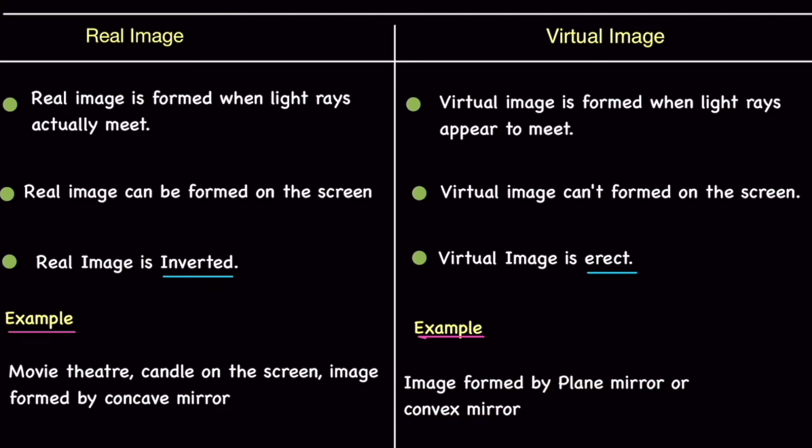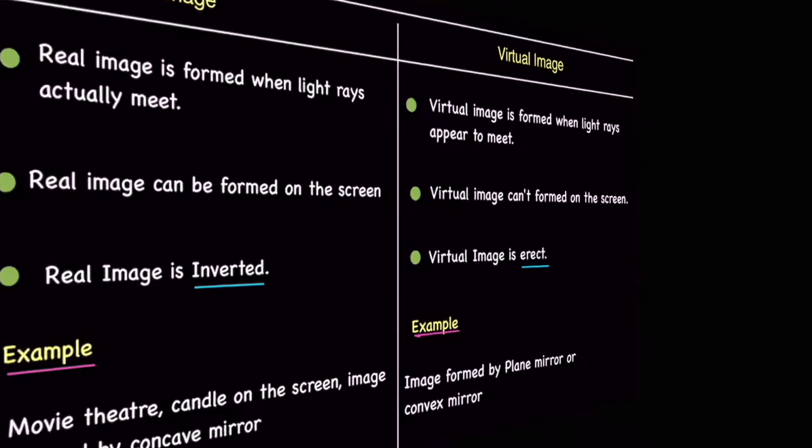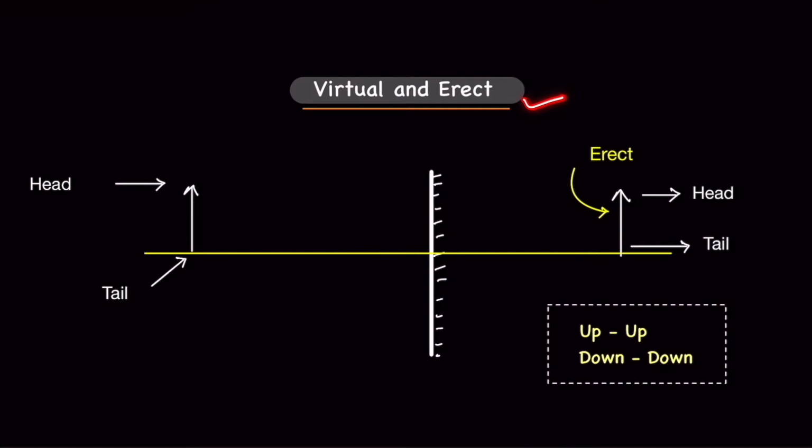So let's move to the inverted and erect concept. In the virtual and erect case, here is a diagram. This is a plane mirror, and on the left side, we have the object. When we place the object, the top is considered as the head and the bottom is considered as the tail. So when its image is formed, both the head of the object and the image are on the top.